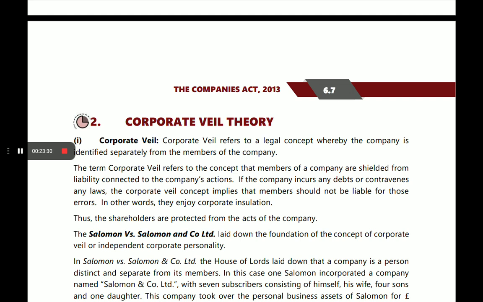If the company incurs any debts or contravenes any laws, the corporate veil concept implies that members should not be liable for those errors. In other words, they enjoy corporate insulation. Thus, the shareholders are protected from the acts of the company.